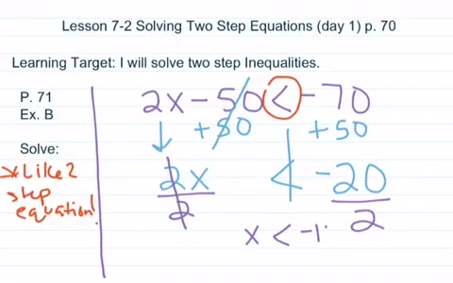We have negative 10 in each group. So x is less than negative 10. It's exactly like solving a two-step equation, except instead of x equal to negative 10, x has to be less than negative 10.